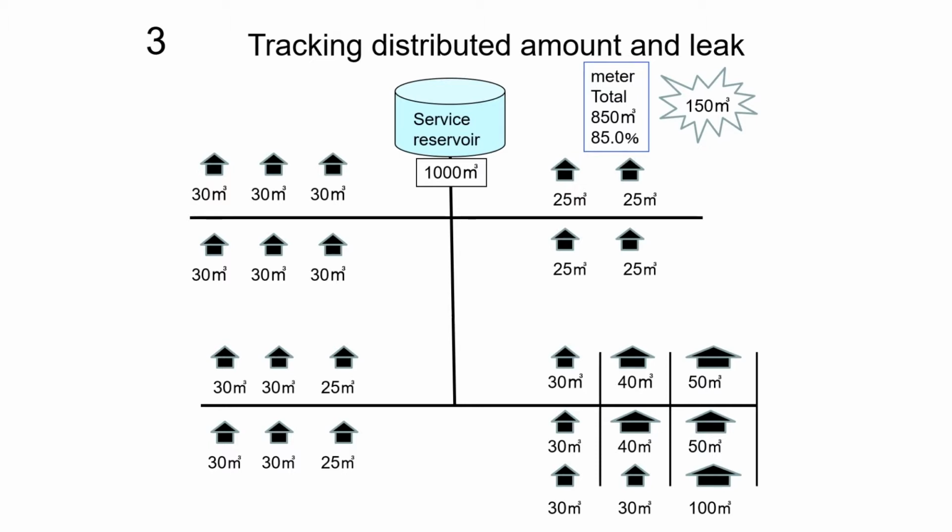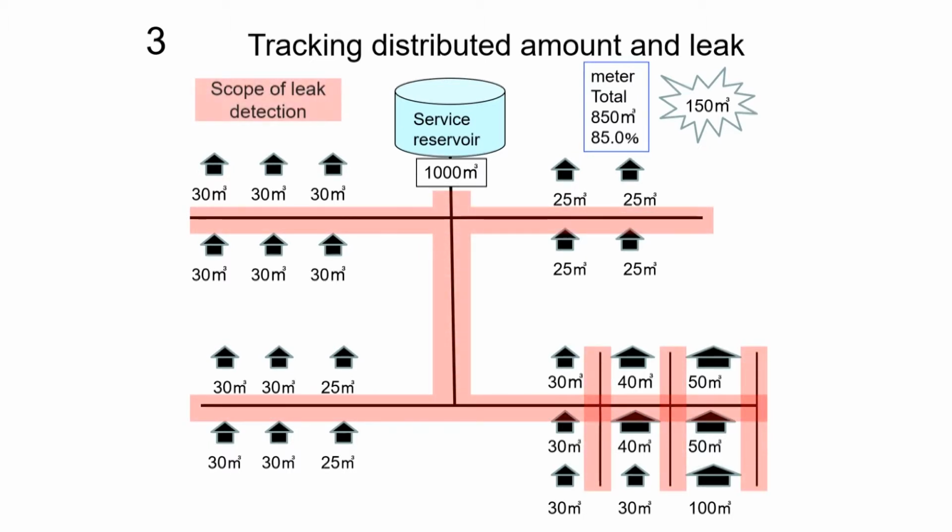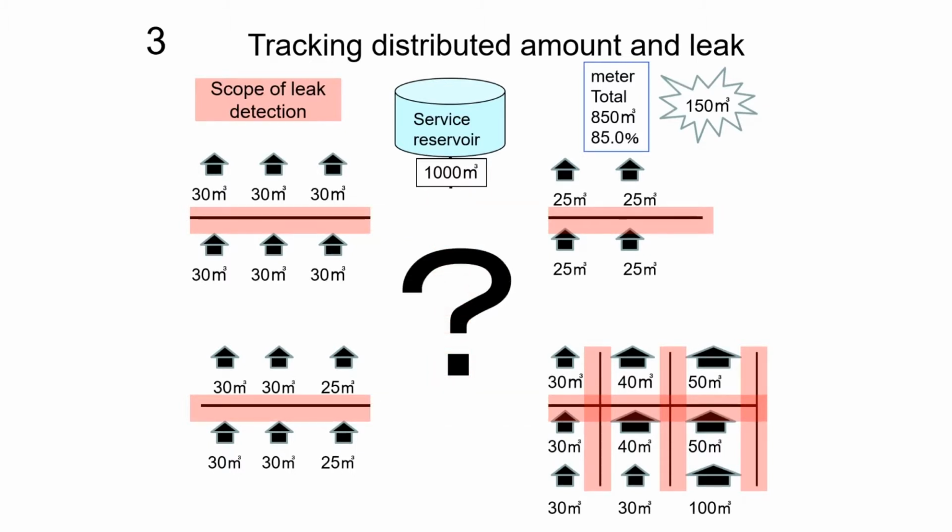Then, the amount of water leak is 150 cubic meters, and the effective water ratio is 85%. To locate where the 150 cubic meters of water is leaking from, we would have to conduct leak detection in the entire area shown on the diagram. With such a wide area, it will be a huge challenge.